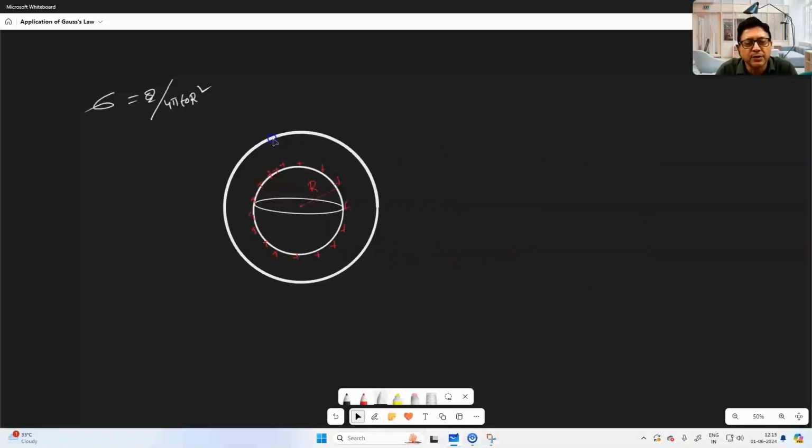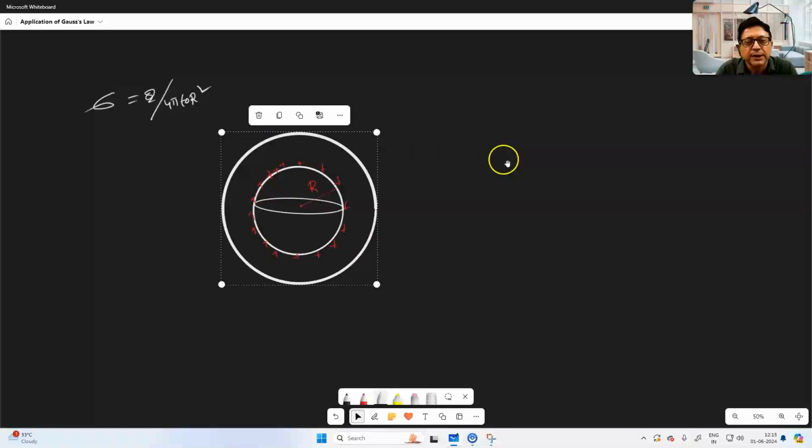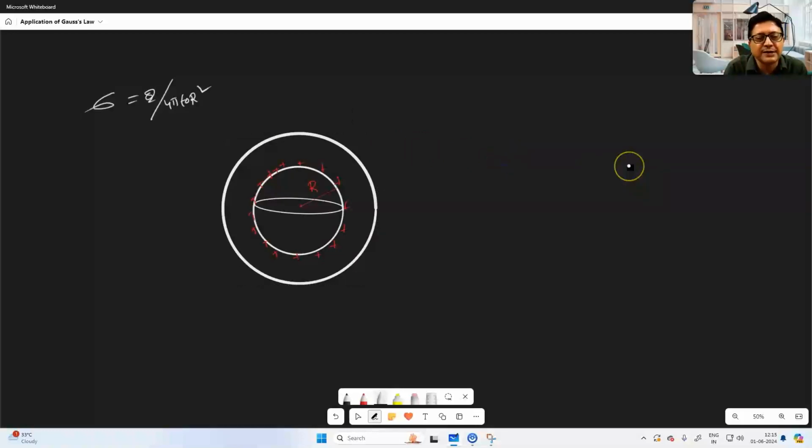This is the Gaussian surface, which has radius r. And why this Gaussian surface? Because spherical symmetry is there and at any point on this sphere by symmetry, same electric field exists.